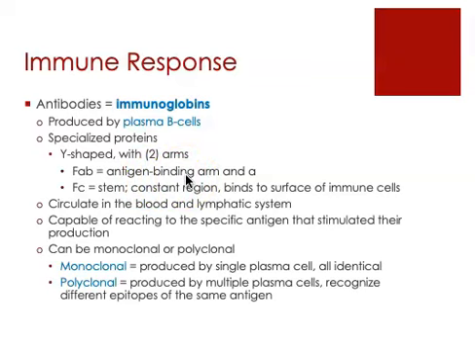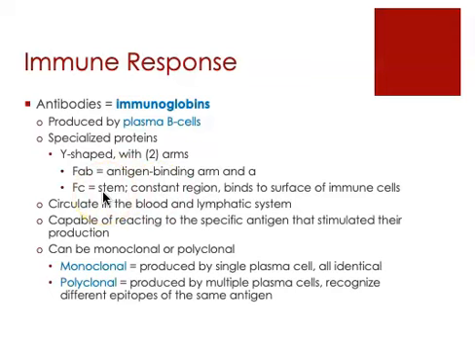The stem is very different. The stem is the constant region of an antibody. That's where the FC comes from. C for constant. All antibodies inside your body, all of the antibodies that get produced by your body, have the same type of stem structure.